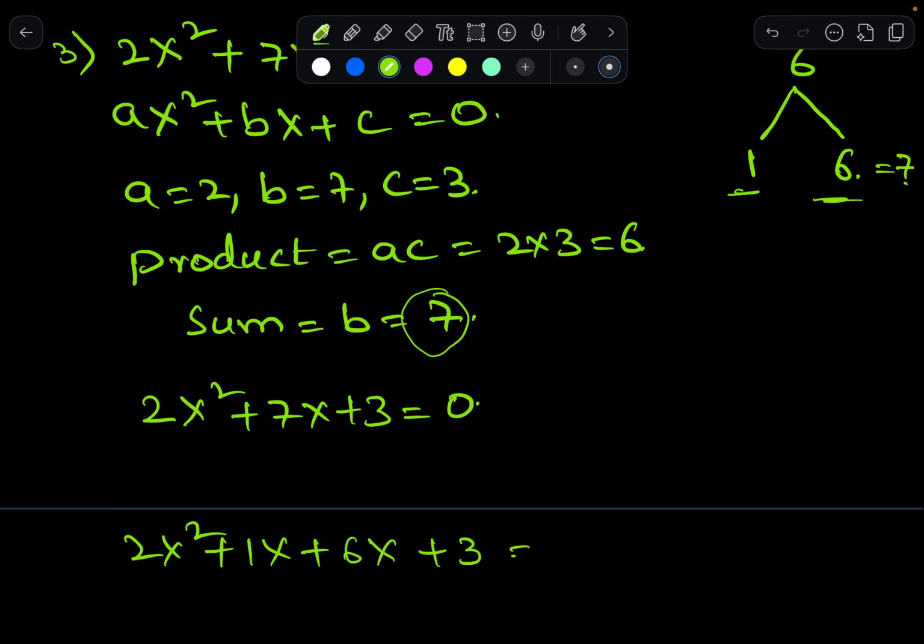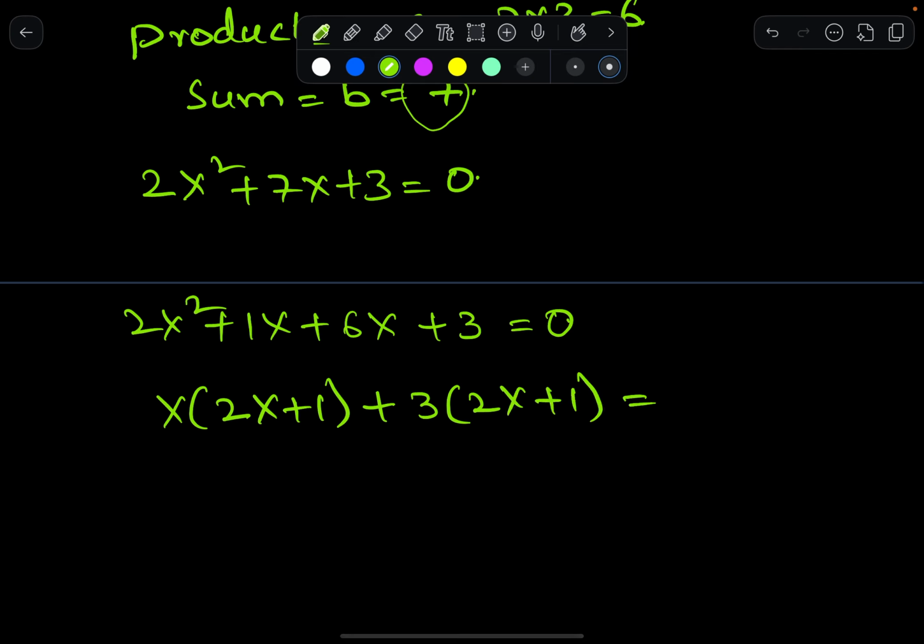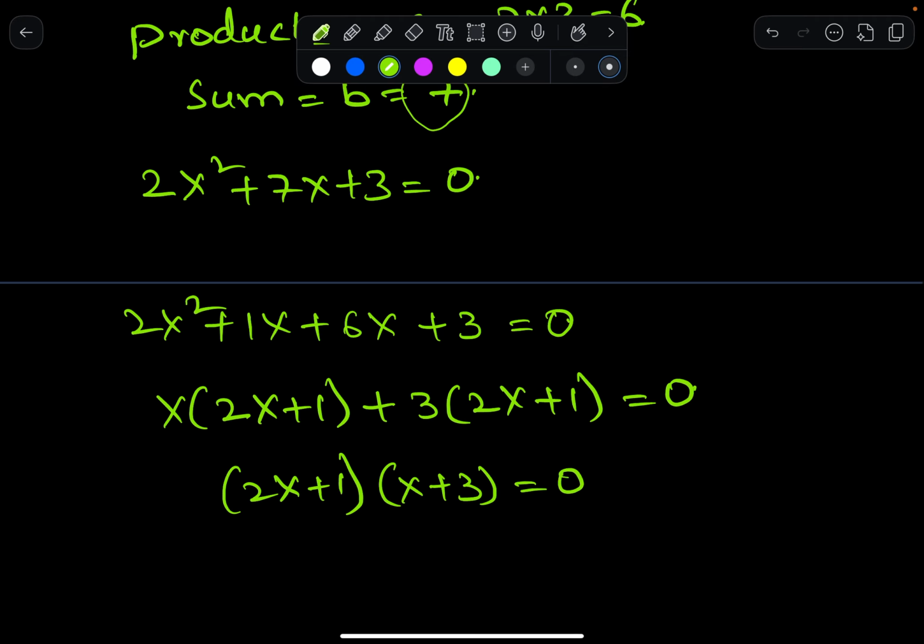plus 3 equal to 0. Let's take x as common, which will be 2x plus 1, and 3 as common, which will give us 2x plus 1 equal to 0. So let's take 2x plus 1 as common, which gives x plus 3 equal to 0.